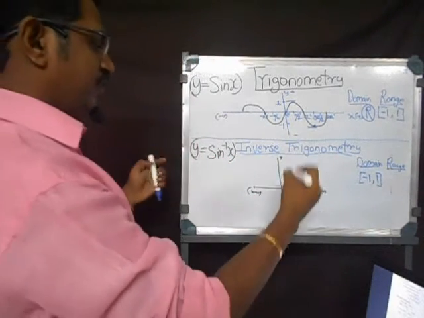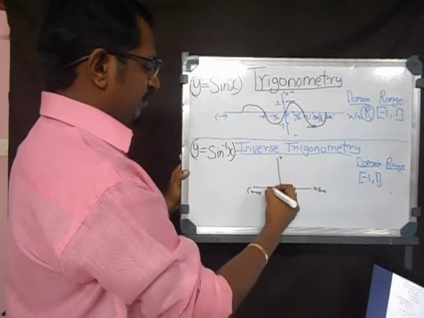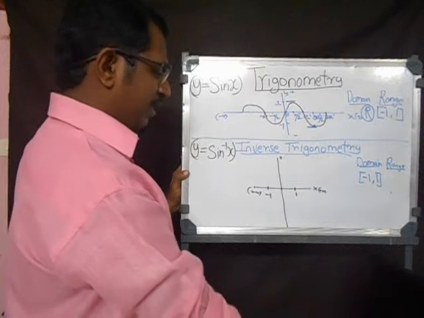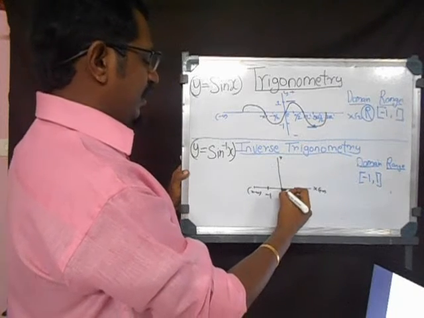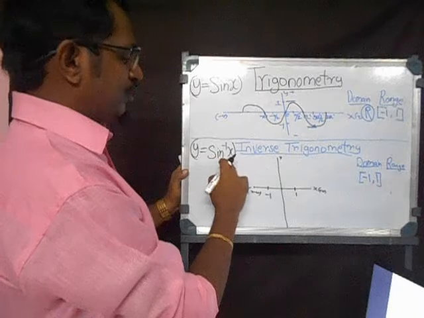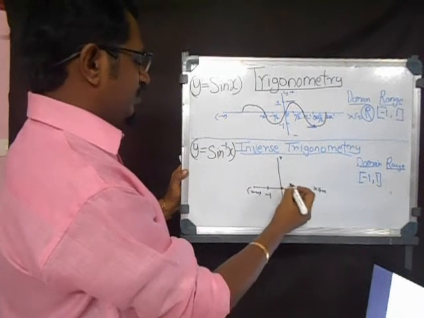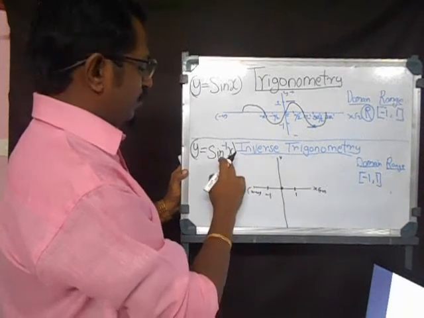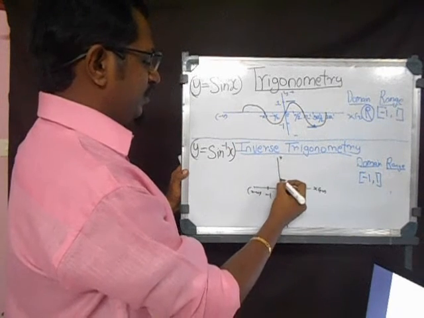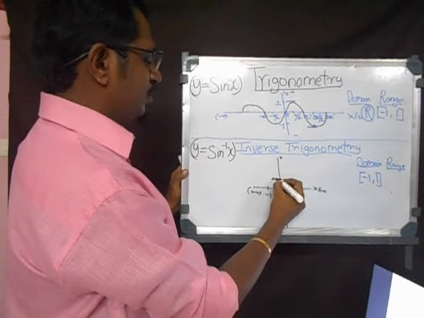Let's see what happens. The maximum value should be 1 and the minimum value minus 1. Sin inverse of 0 is 0 itself. Sin inverse of 1 will be pi by 2 radians.